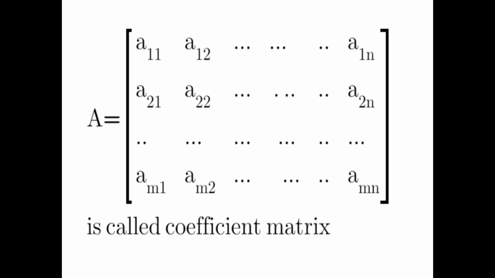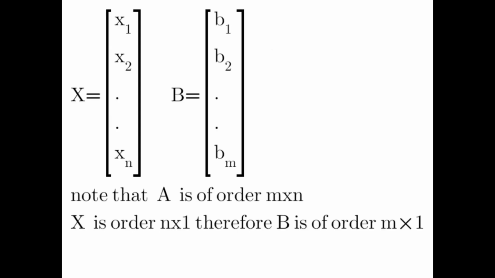where the big A is called the coefficient matrix, which consists of all the coefficients of x1, x2, xn column wise. That is, the first column is the coefficient of x1, the second column is the coefficient of x2, and so on. So we write big X is equal to x1, x2, xn as the components of this vector.